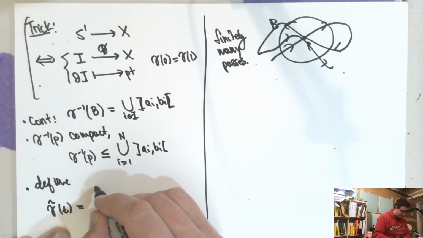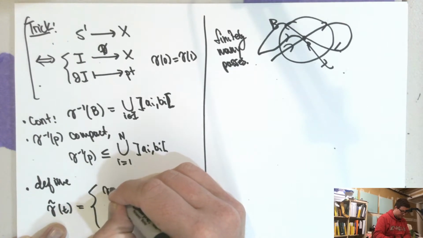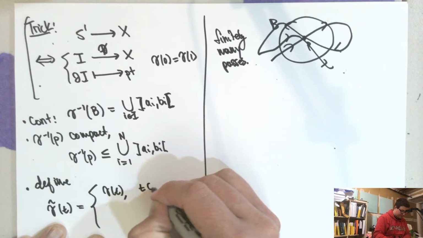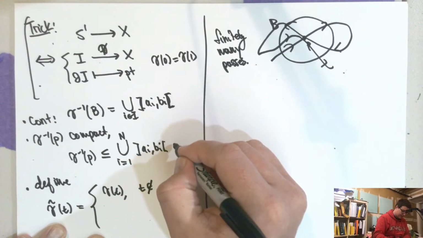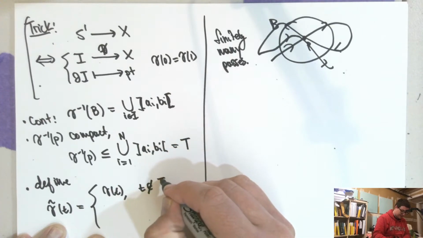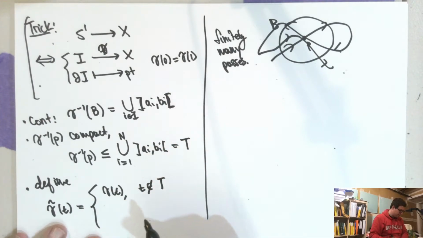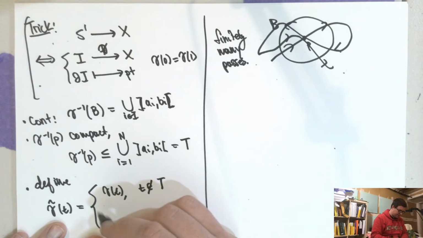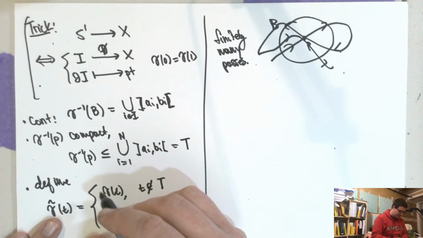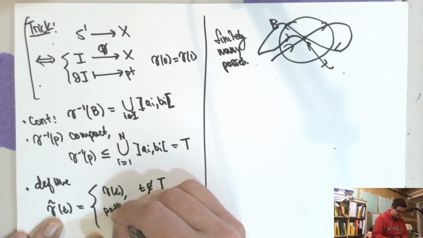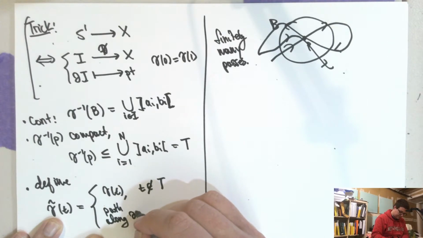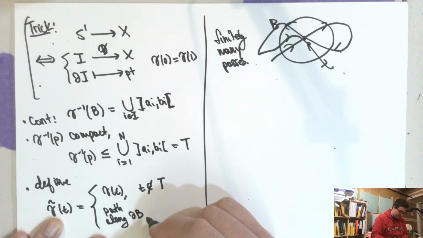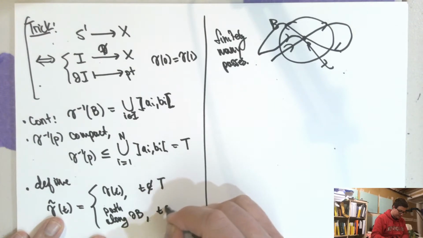So this is going to be gamma of t if t is not in T, let's call this T, and then we'll define it to be the path along the boundary if t is an element of T.